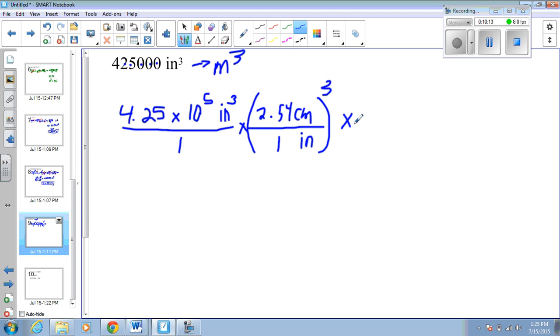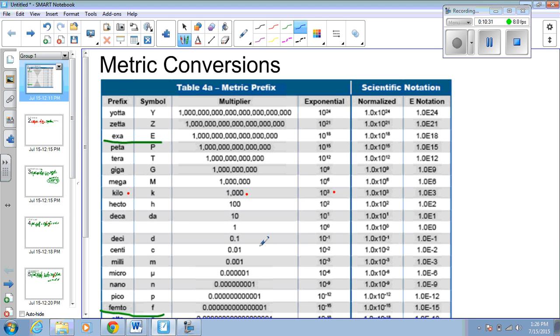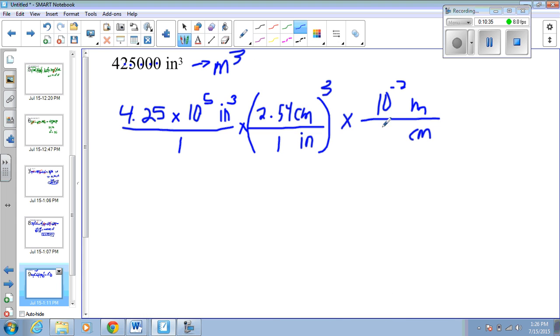And then I want to go from centimeters to meters. And I know centimeters to meters, centi is 10 to the negative 2. Again, look back to your chart. If you don't know, centi is 10 to the negative 2. And again, this needs to be cubed.